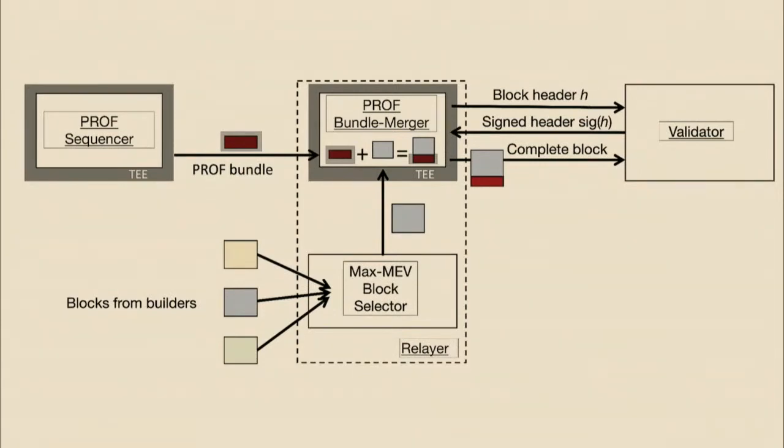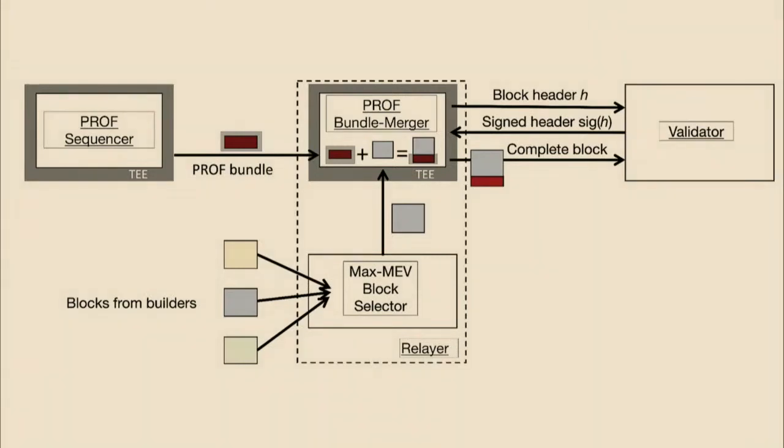And we do this so that you can actually enforce different policies on these transactions. There can be multiple Prof sequencers, each enforcing their own policy. So you don't have to stick to one policy. And so the Prof sequencer supplies a protected transaction flow. As you can see, the Prof bundle has this shadow around it, which denotes that this Prof bundle is encrypted. It supplies this encrypted transaction bundle to the Prof bundle merger.